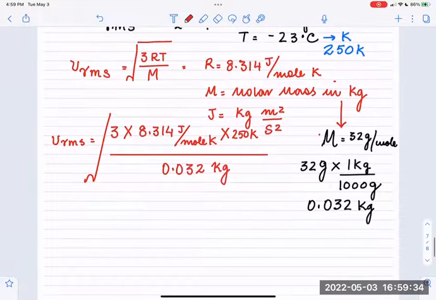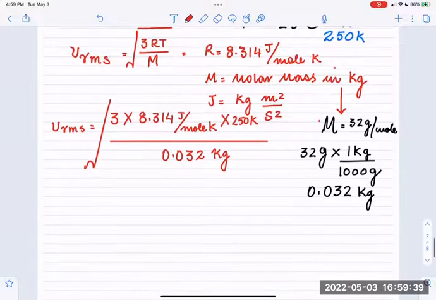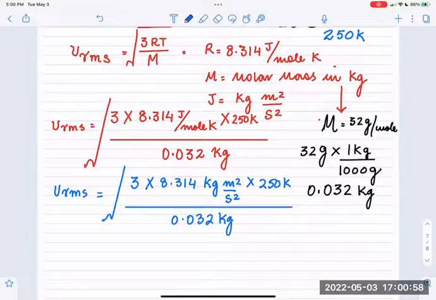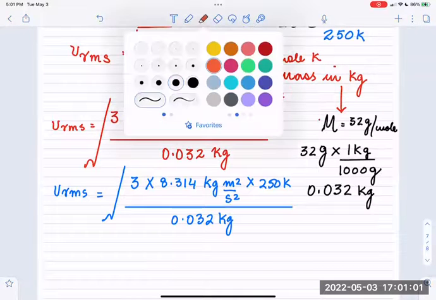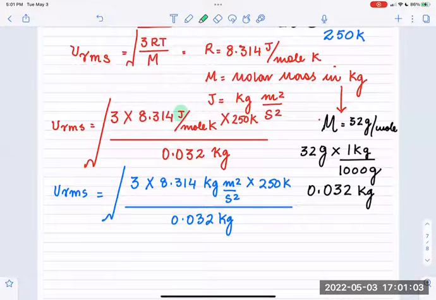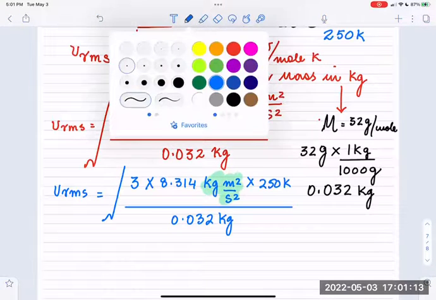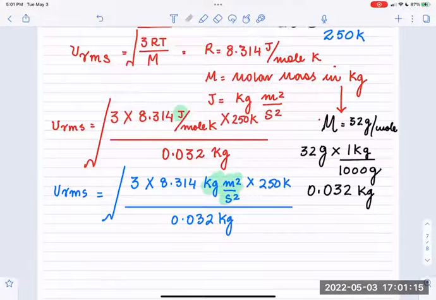Okay, now let's do the math here. I have just substituted the value of joules with kilograms, meter squared, and second squared, and that per mole K is still going to be there. This way, it's very important to do that because you need to cancel out the units.